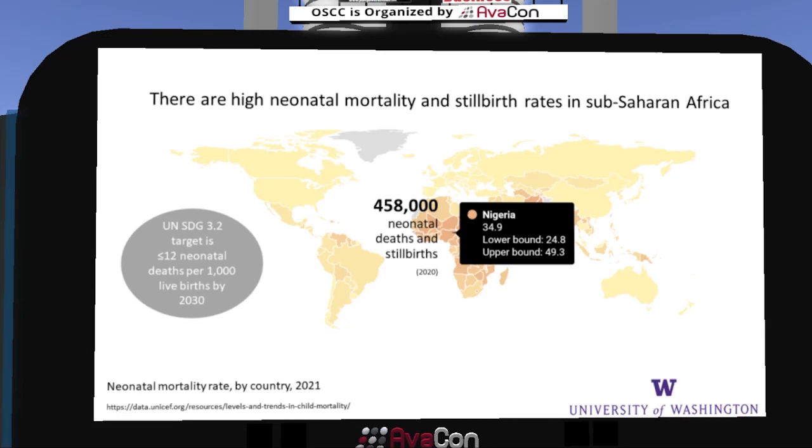We have not seen the same level of decline in sub-Saharan Africa and South America and Asia, other places. And in more recent times, these declines have actually reversed. So we've seen an uptick in maternal and newborn mortality, which makes projects like this even more important. Next slide.